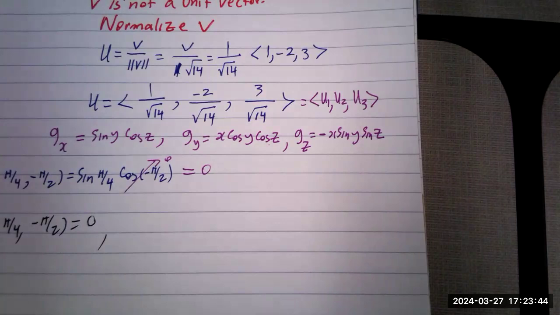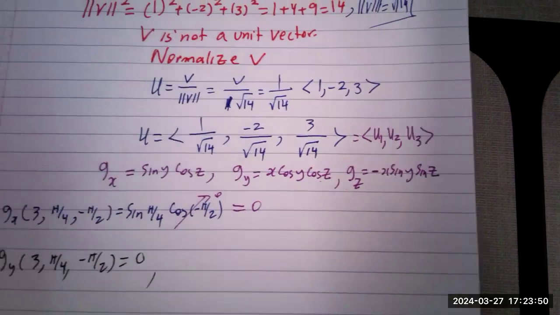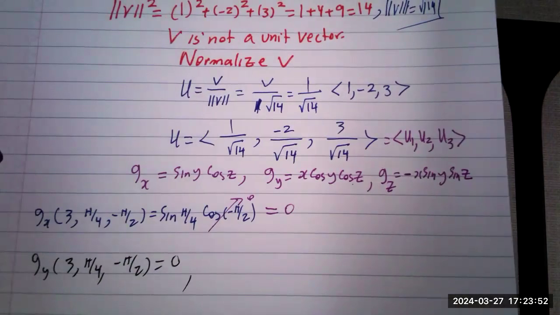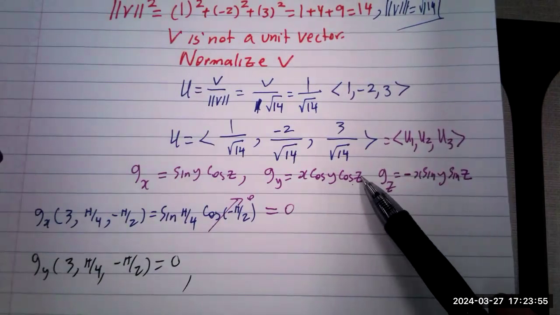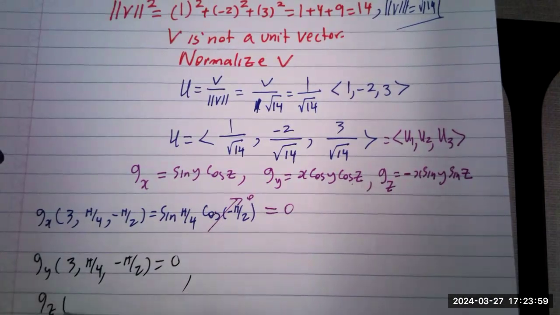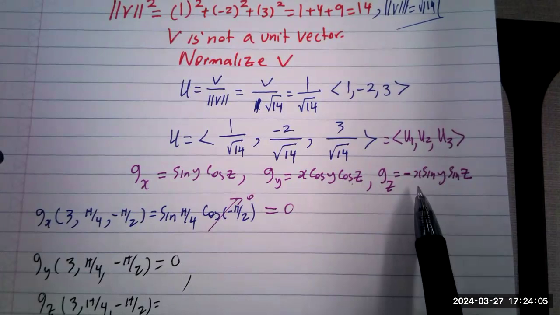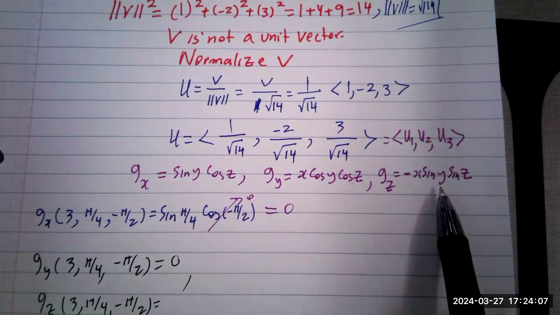Okay, so that would be, the gy is 0, because of the cosine of pi half. Then we get the gz. Because of the gz, you have all of them here.